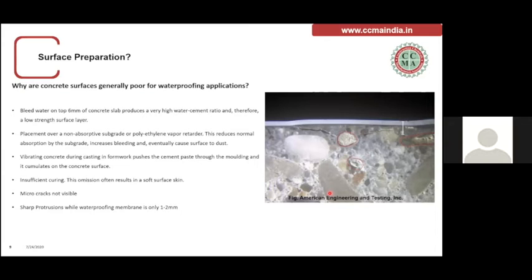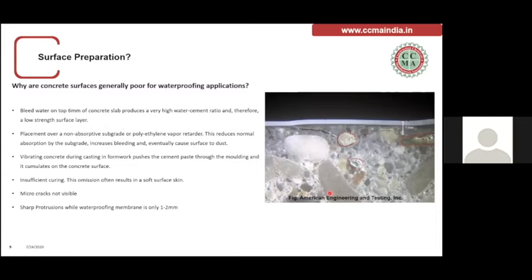Micro cracks. So many times we say that you go for mechanical grinding. Micro cracks are there which are not very visible to you at the time of application of the membrane. Those cracks can increase in size or later on give us trouble. So treating each and every aspect properly is something we always say is very important for surface preparation.